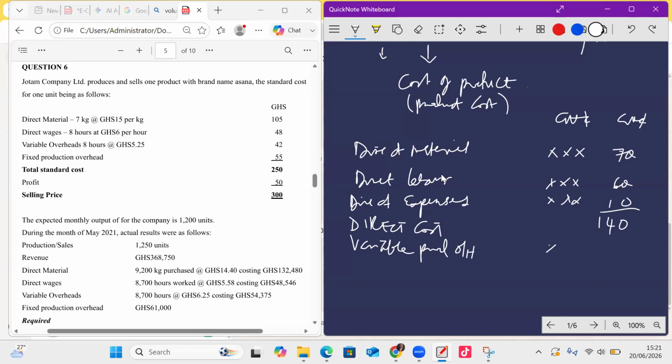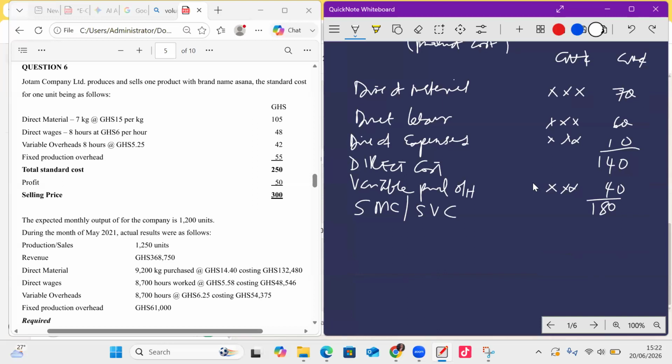OH is the overhead. Let's say this is 40, giving 180. This is called the marginal costs. So we can say this 180 is the standard marginal costs or the standard variable costs. Guys, are you following? Yes, sir.